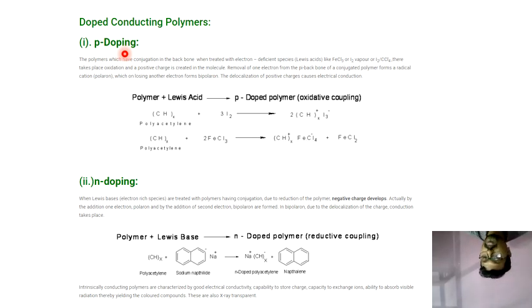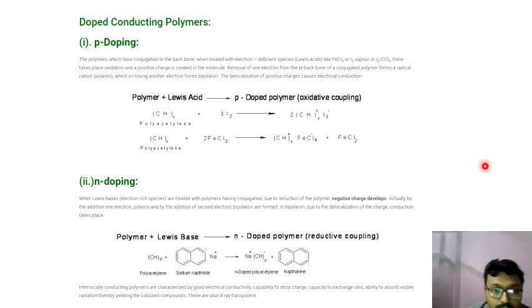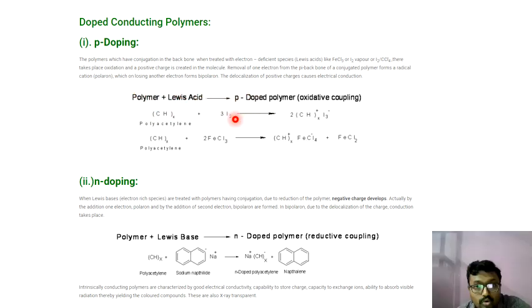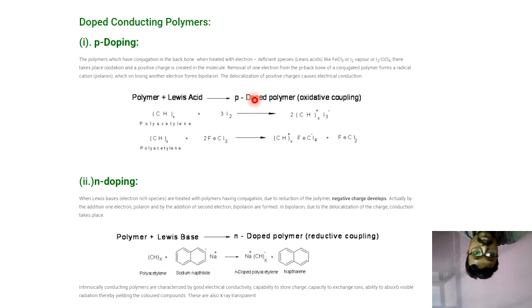So how is it possible? If we react the polymer with some Lewis acid, which means electron deficient, electrons will move from the polymer to the Lewis acid, right? In that way, a hole will be created in the polymer. For example, if we react a polymer like polyacetylene with iodine, we will get a hole in polyacetylene and we will get I3 minus.